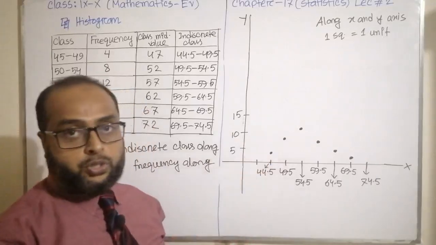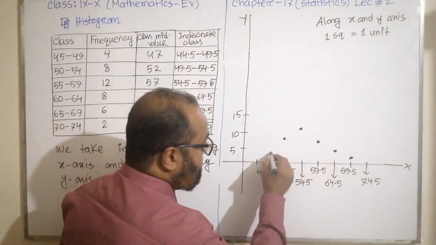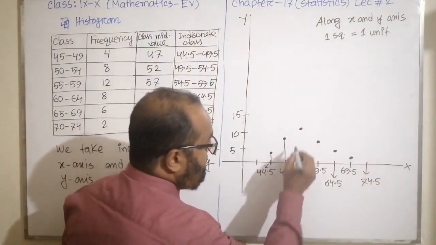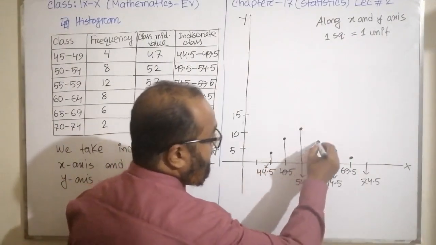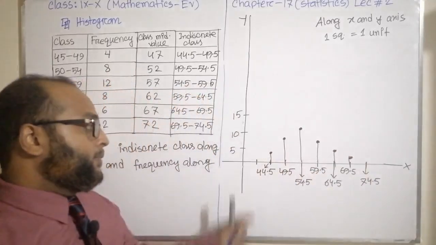To draw the histogram, we have to join these points to the x-axis. Here you can use a scale.